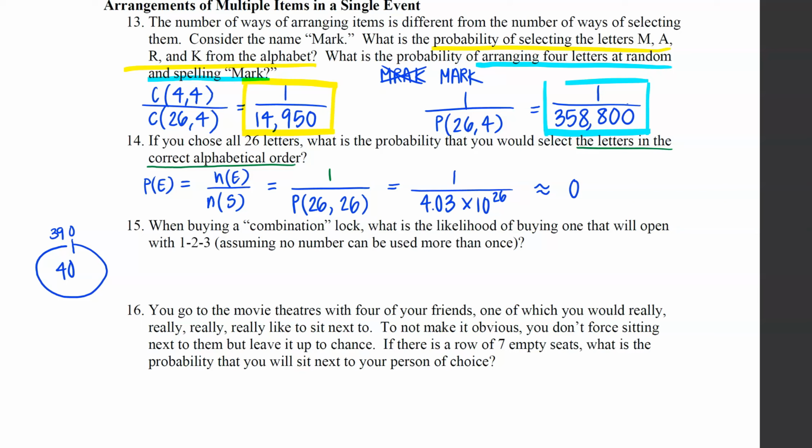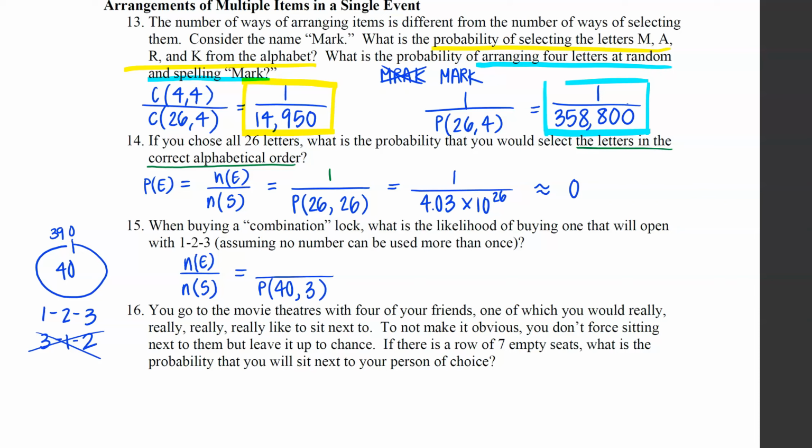To answer this question, we need to know how many different ways can the event occur out of the total number of ways that my sample space can occur. Because I have 40 different numbers, and for a combination lock, the order in which I get these numbers does matter. For example, having a combination lock of 1, 2, 3 is obviously different than 3, 1, 2, even though the same numbers are being used. This would be an example of a permutation. It would be the permutation of the 40 numbers that I have. How many different ways can I arrange 3 of them?